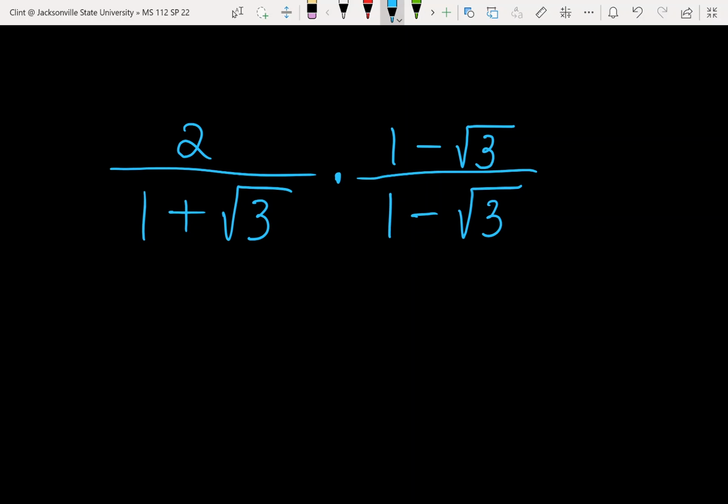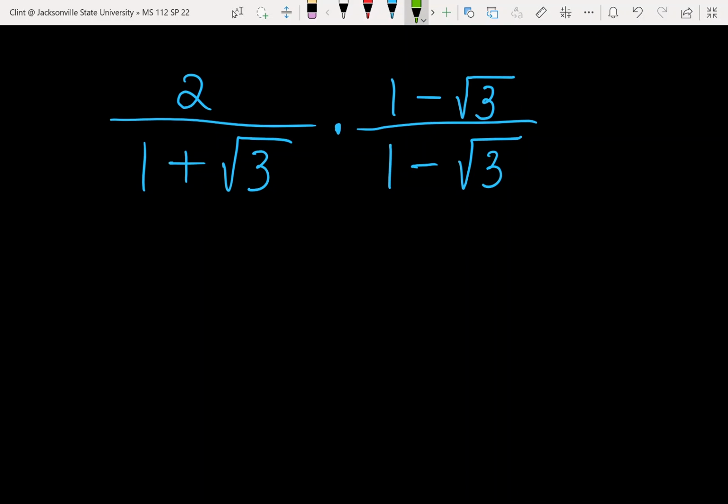And the reason why we do that is so when we multiply the bottom out, let's do FOIL with the bottom 2 terms. So 1 times 1 is 1. Do the outer terms, 1 times negative square root of 3 is negative square root of 3. We do the inner terms, square root of 3 times 1 is just positive square root of 3.